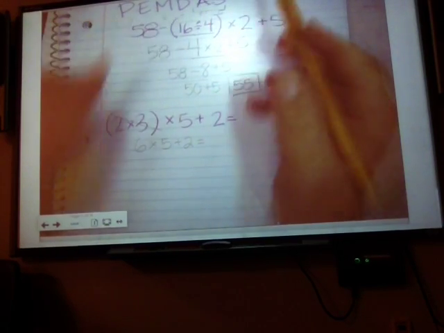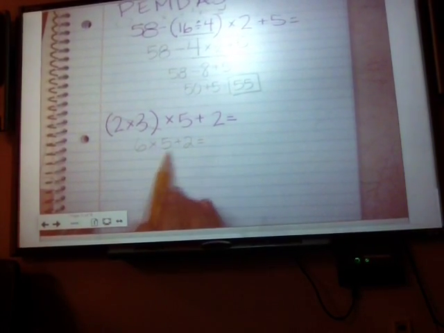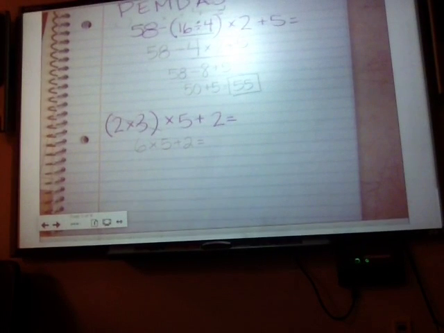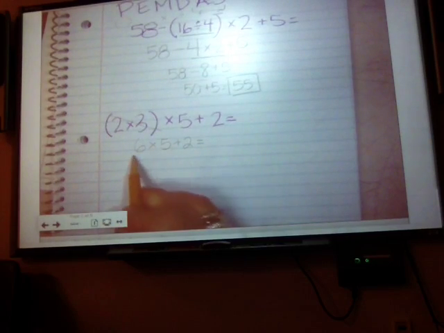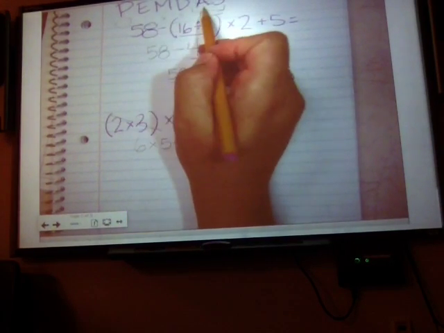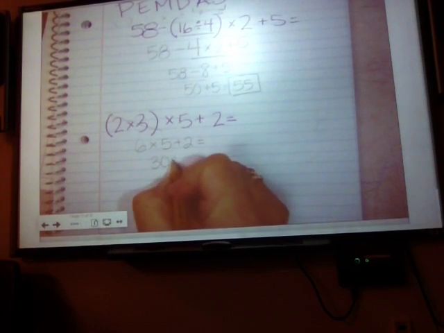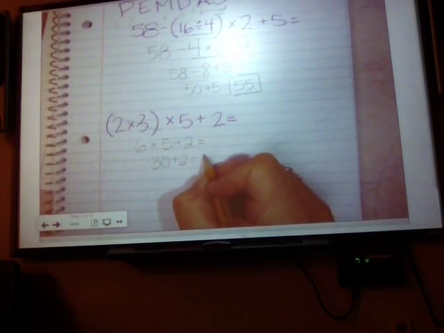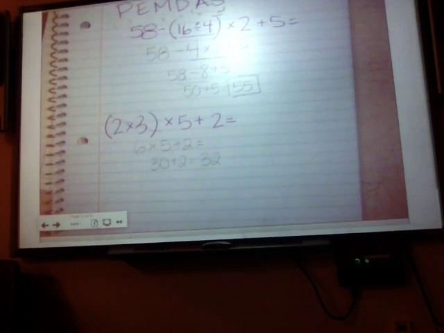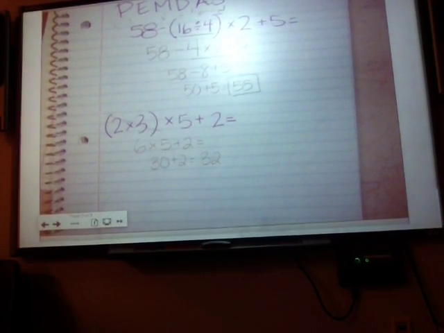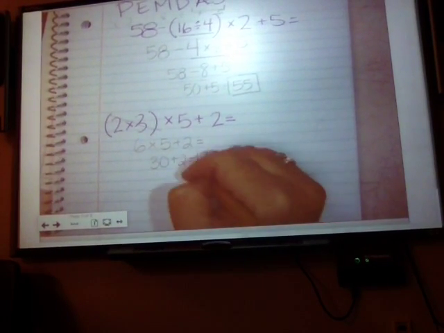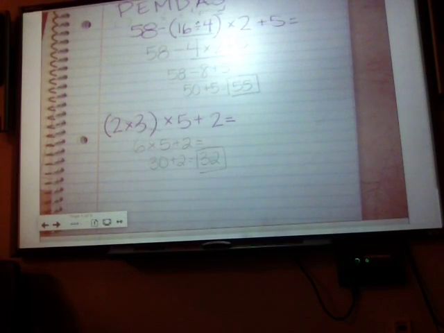What am I going to do first, Emerson? A multiplication or an addition? Multiplication, because that comes first versus an addition. So 6 times 5 is 30. Plus 2 is, ladies and gentlemen, 32. So my answer is 32.